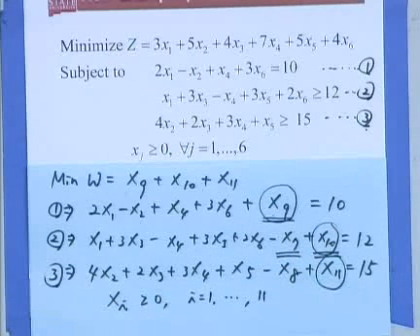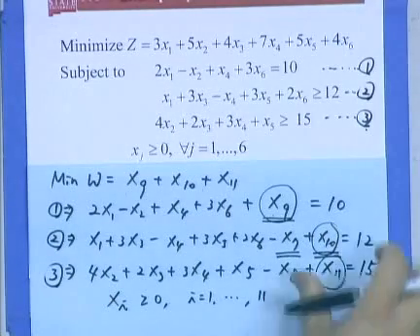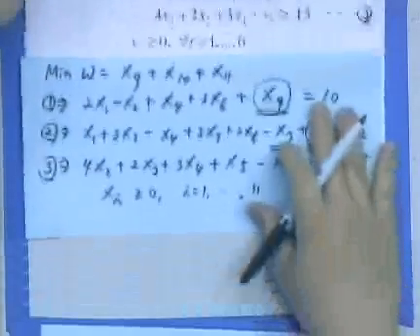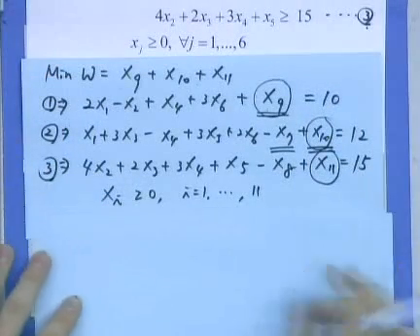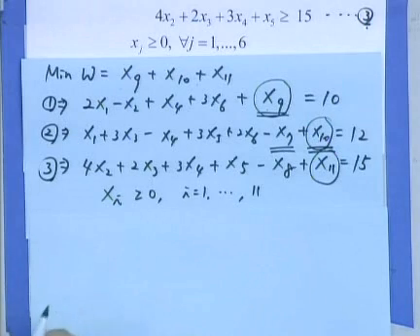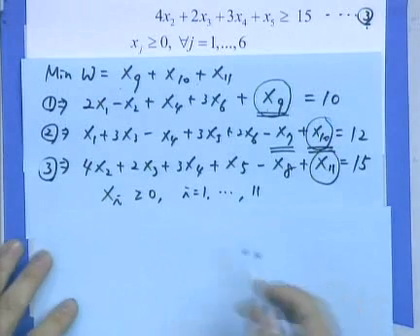However, in the revised simplex method, you don't need to do it, okay? And we introduce three artificial variables because we want them to be an initial basis.